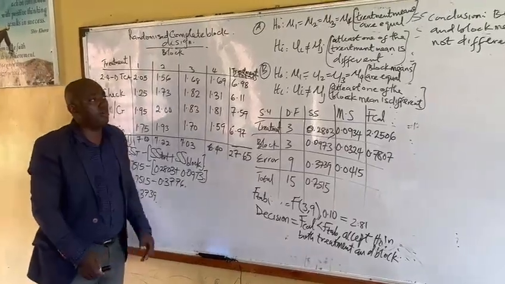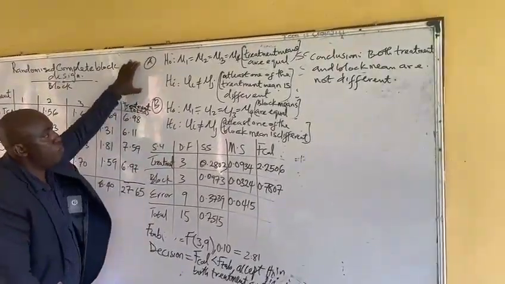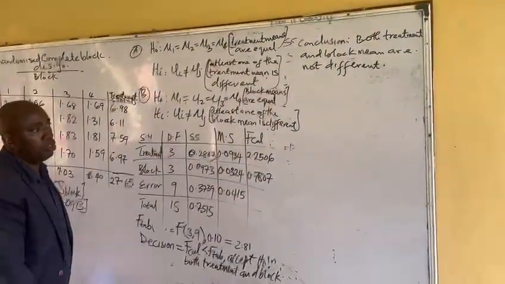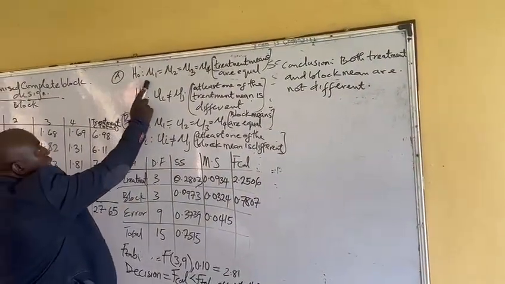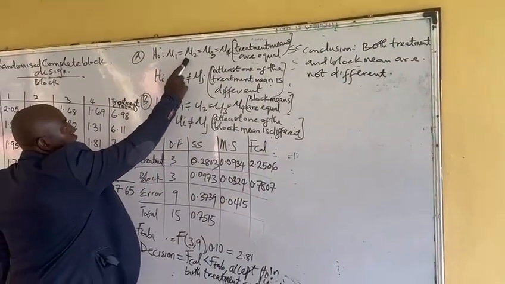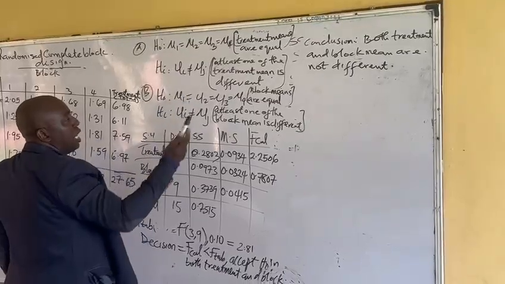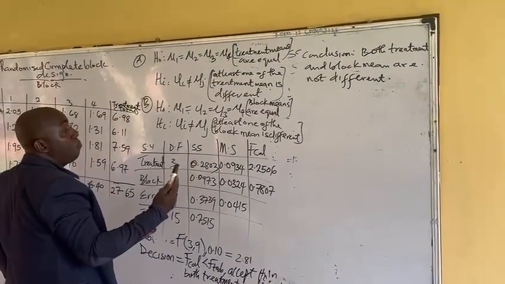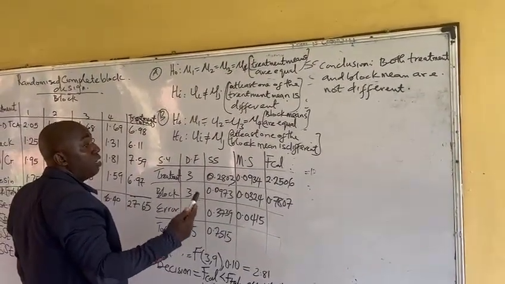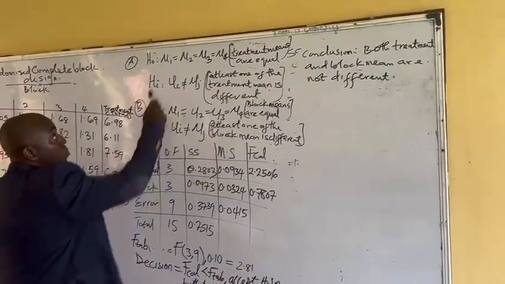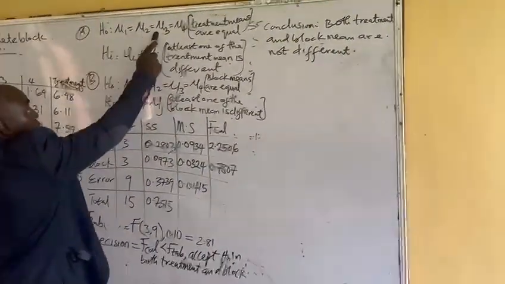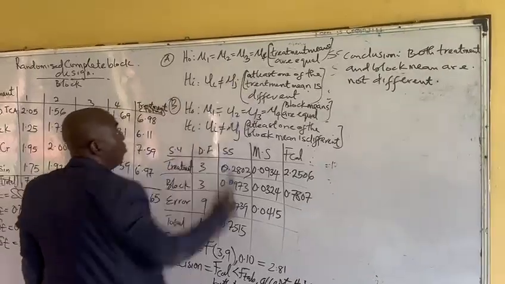After the whole thing, then we set the hypothesis for both treatment and block. So we have H0 is equal to the mean. When we are using ANOVA, we are testing for more than one population, maybe 1, 2, 3, 4. Mu 1 equals mu 2 equals mu 3 equals mu 4.